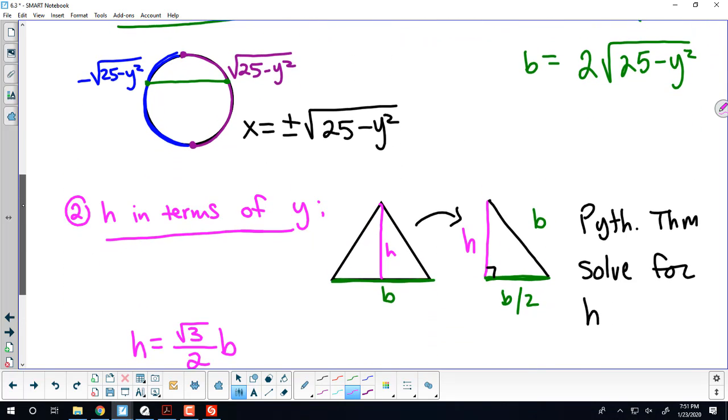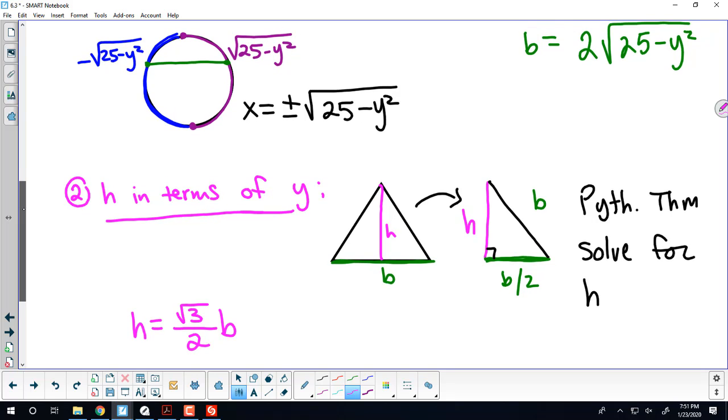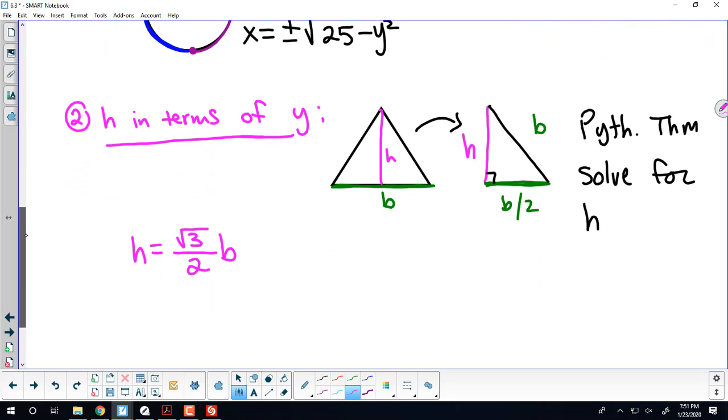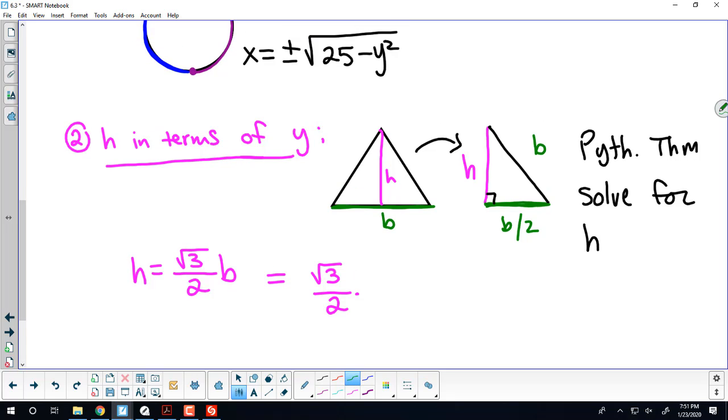B in terms of y is 2 root 25 minus y squared. So that turns into just the root 3 times the other root.